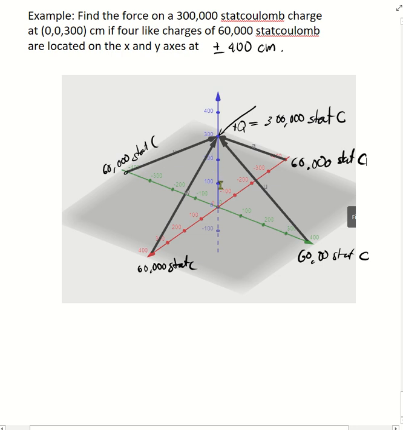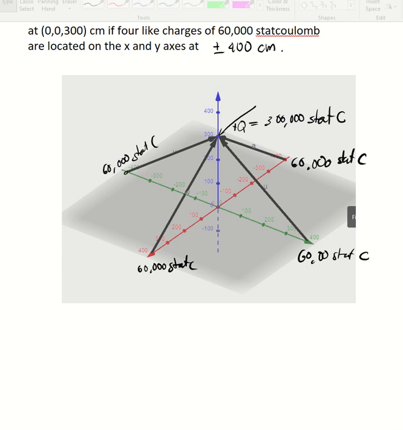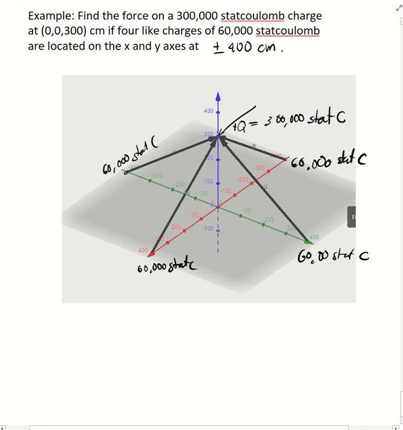So the net force should be in this direction. I will predict the net force will be in the z direction at that charge F. So now we want to prove and determine the magnitude of that, not just the magnitude, but also the direction of that force F.